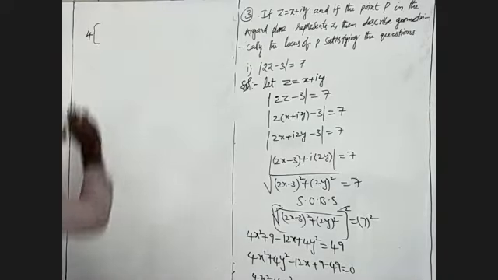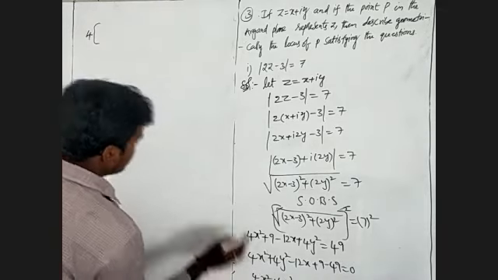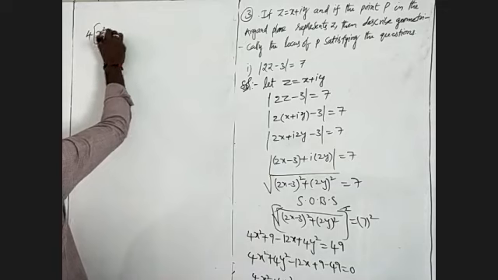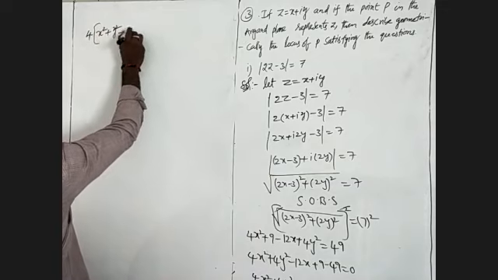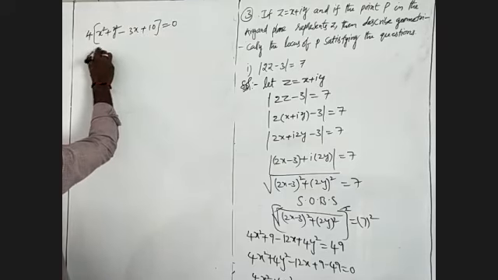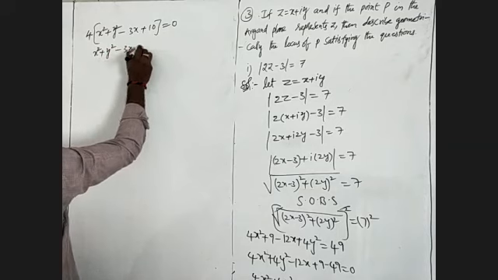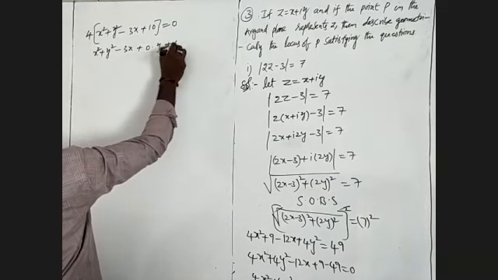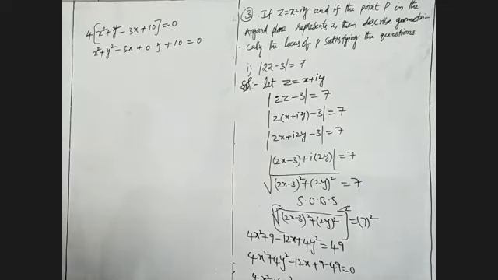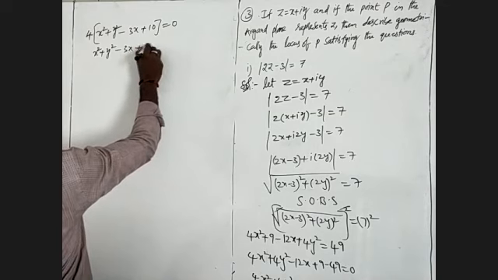4 is common. Remaining that I will write x square plus y square minus 3x minus 10 must be equal to 0. That I will write x square plus y square minus 3x plus 0 into y minus 10 will become 0.